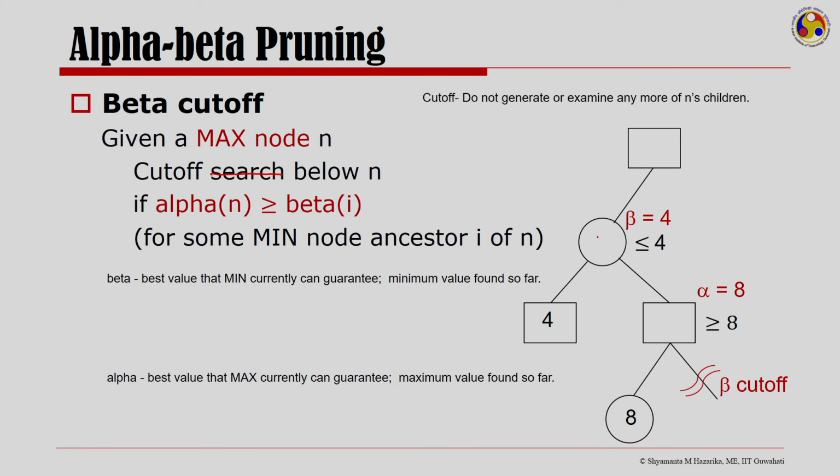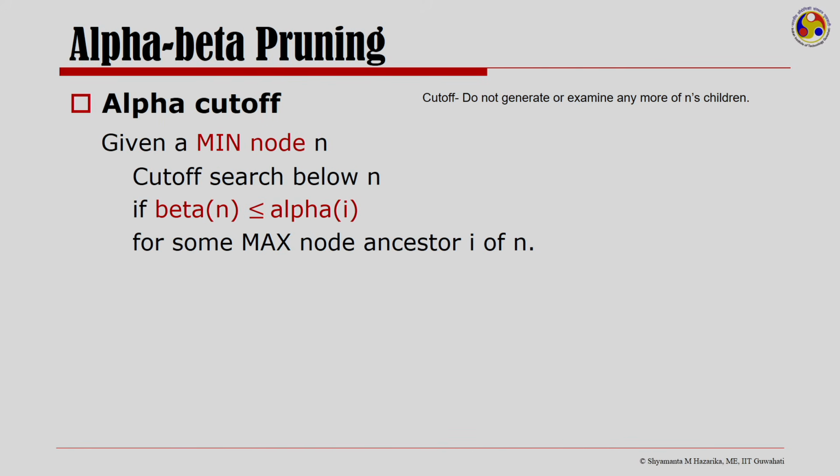So it will only look for 4 or something less than 4. That means there is no point in looking for a better solution in this subtree, and that is what a beta cutoff is.